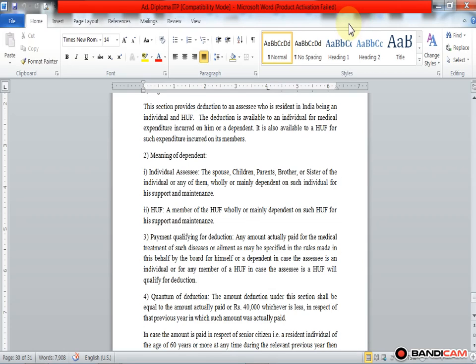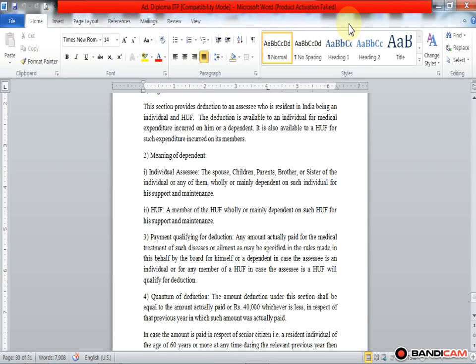So this deduction is allowed for specific diseases, for example, cancer. So this expenditure is allowed for deduction.